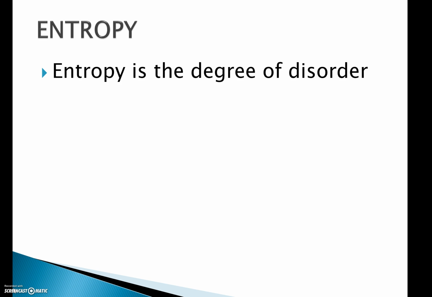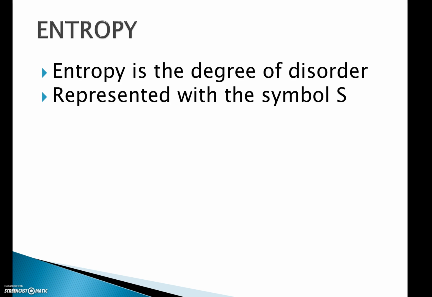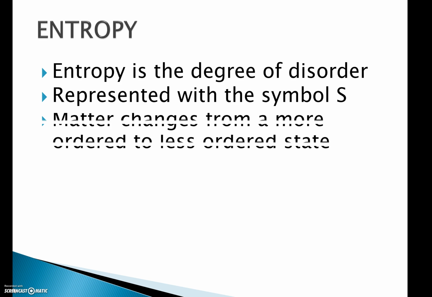So entropy is the degree of disorder in a system. We're going to represent it with the symbol S. And matter tends to go from a more ordered state to a less ordered state. So matter tends to go towards a greater degree of disorder.